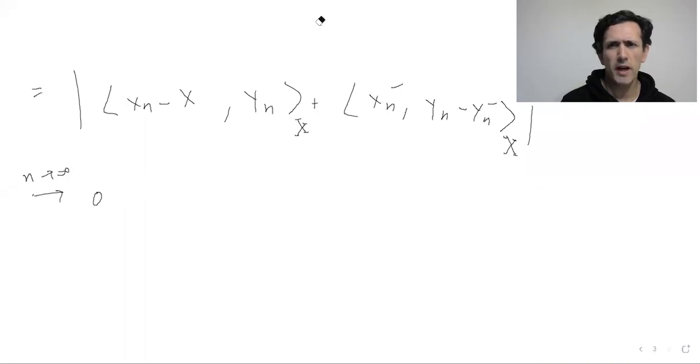Same thing, yn is equivalent to yn prime, so the norm of yn minus yn prime converges to 0 as n goes to infinity. Well, yn and xn prime are Cauchy and hence bounded. So by the Cauchy-Schwarz inequality and the triangle inequality for absolute value, this is 0. Okay, so this is well defined.